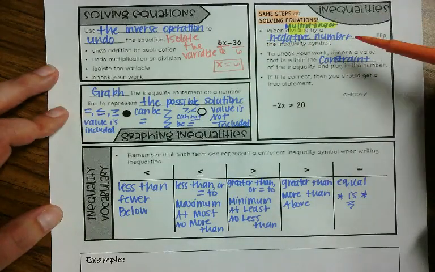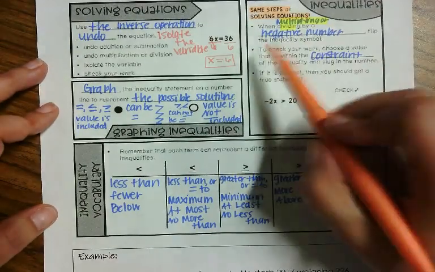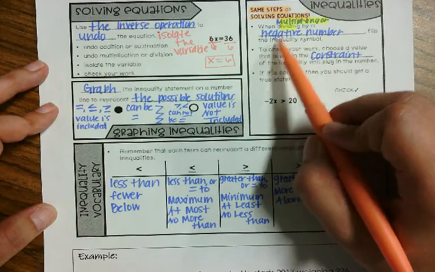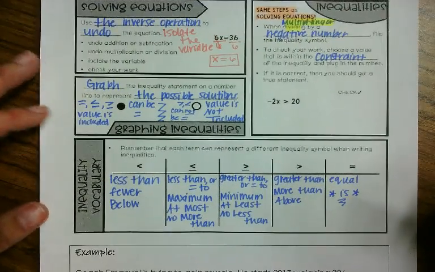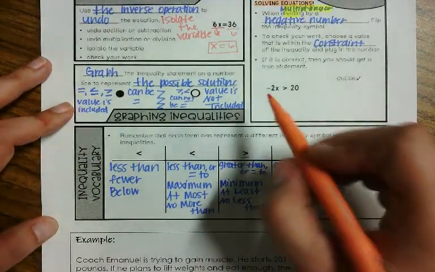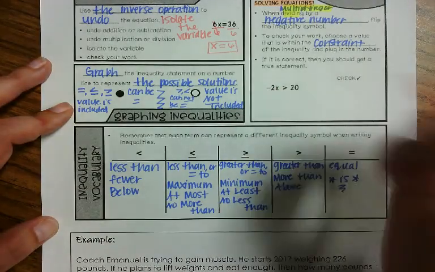There's one important rule that applies to inequalities that we want to remember, and that's when multiplying or dividing by a negative number, we need to flip the inequality symbol. So let's look at an example right here. Negative 2x is greater than 20. Negative 2x means negative 2 times x.